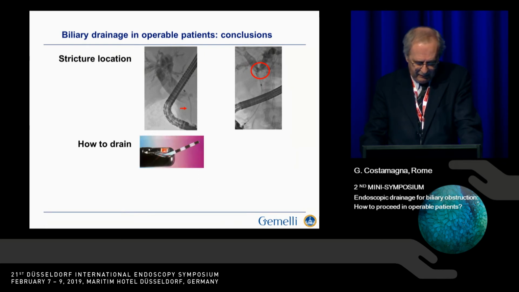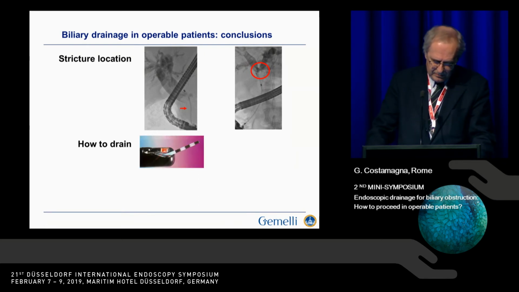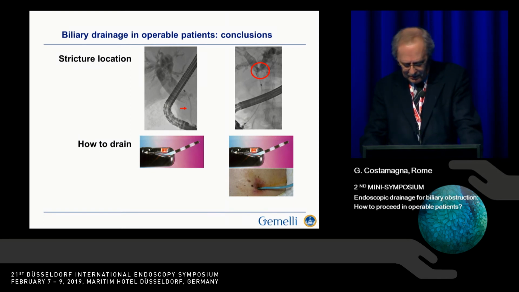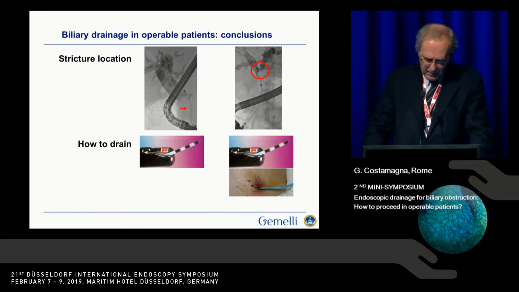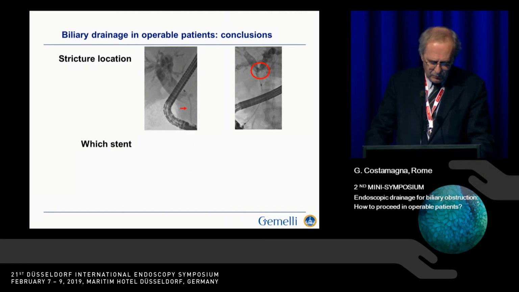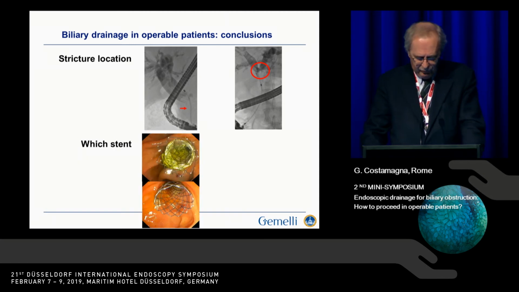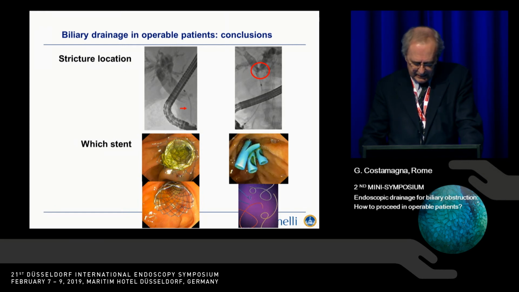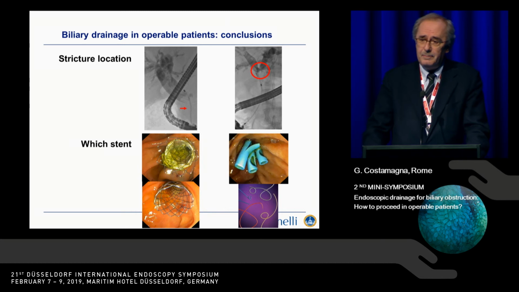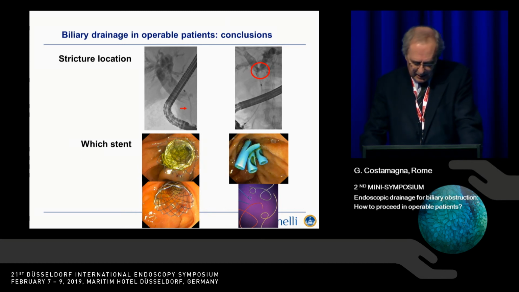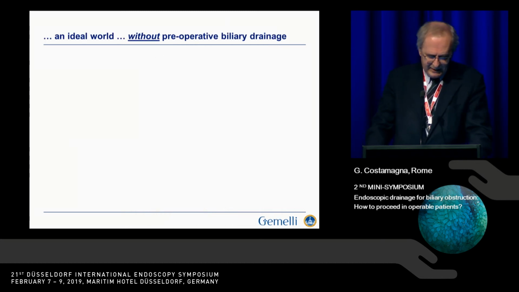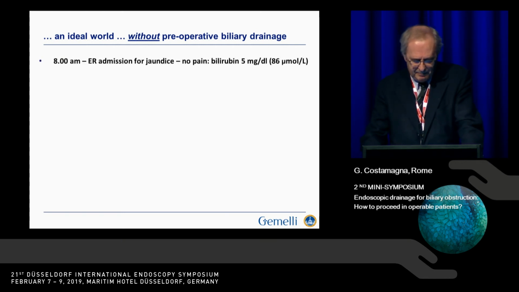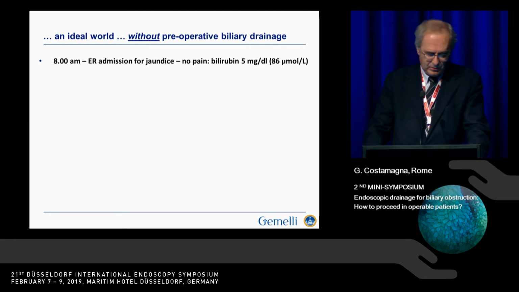How to drain: for lower part endoscopy, for hilar stricture endoscopy and the combination with percutaneous technique. Which stent? Fully covered or partially covered metal stents for the lower common bile duct, plastic stents or biliary drains for the hilar strictures.